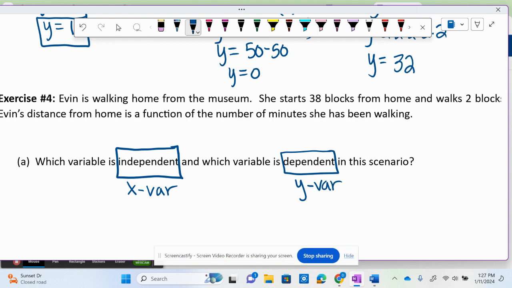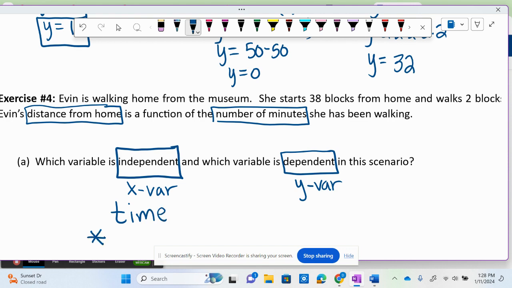So let's talk about what our variables are. Our variables are number of minutes and distance from home. Does the number of minutes that she walks depend on her distance, or does her distance depend on the time? That means that time is the independent variable.